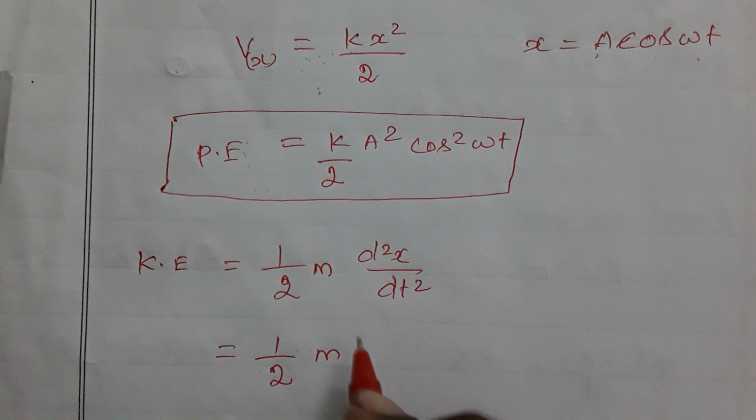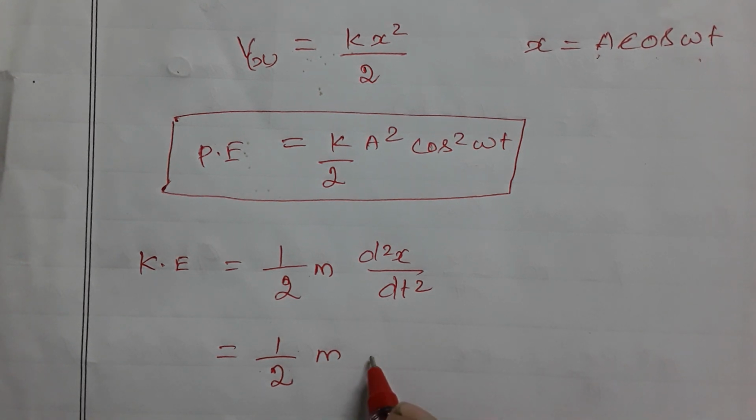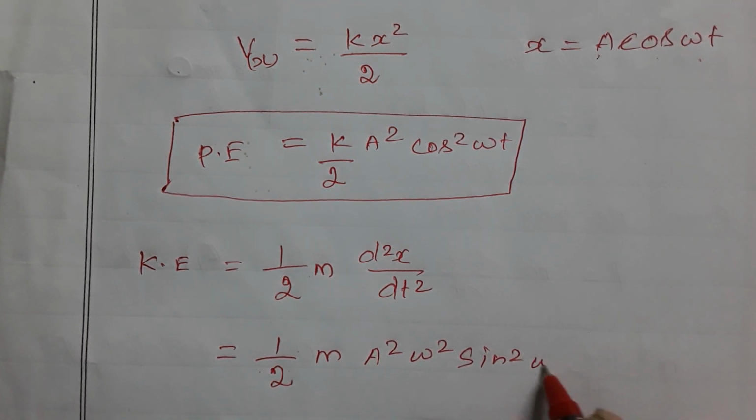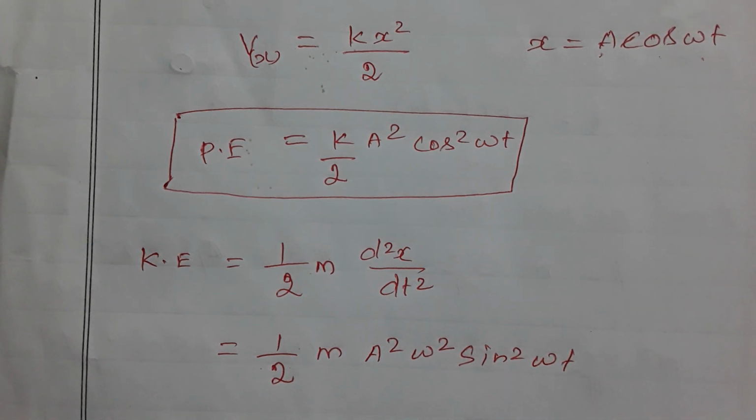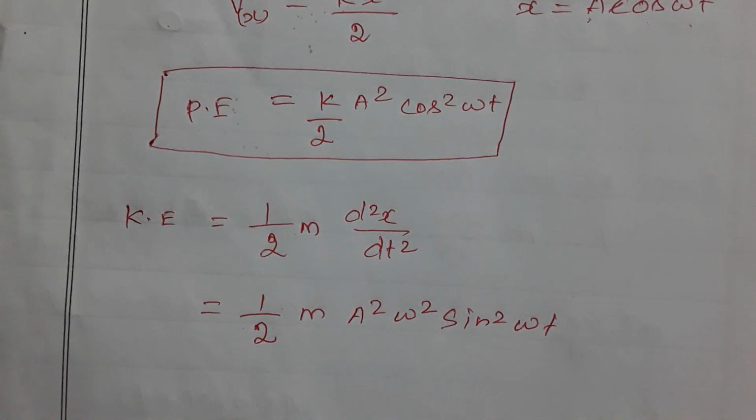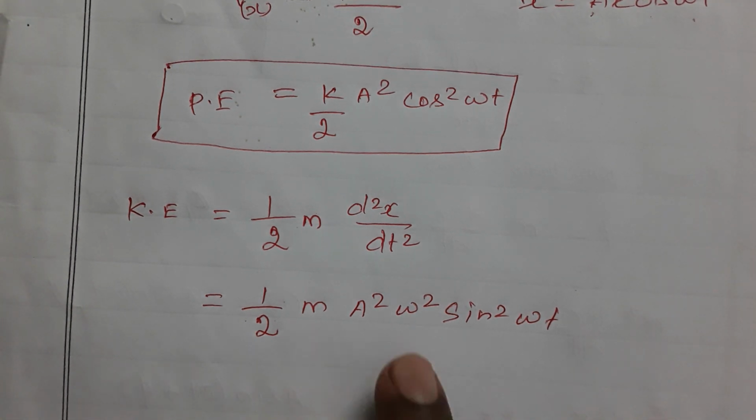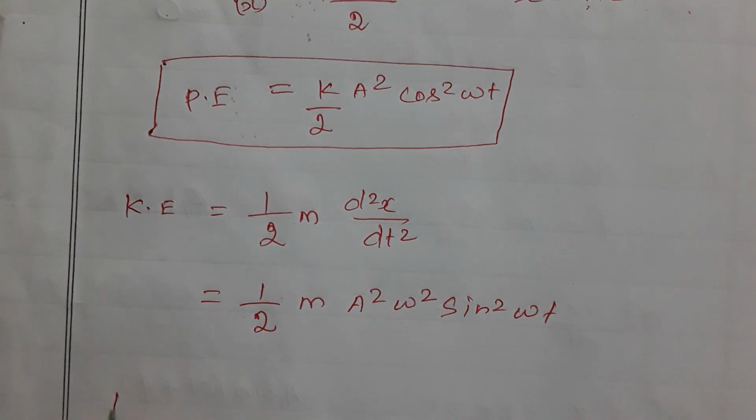By substituting and differentiating, we get a square omega square sin square omega t. Now the total energy is equal to potential energy plus kinetic energy.